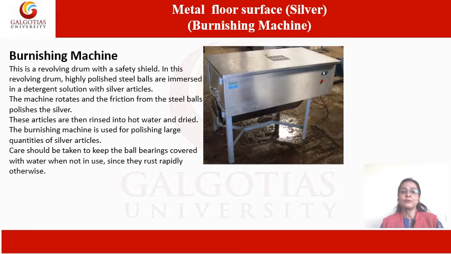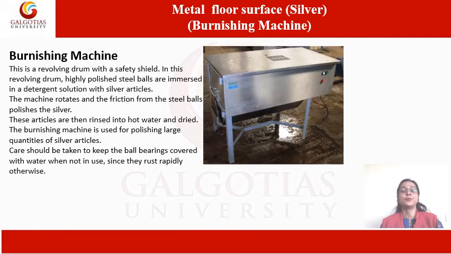Care should always be taken to keep the ball bearings covered with water when not in use, since they rust rapidly otherwise. So here we have a very good opportunity to use this burnishing machine in the hospitality industry, mainly in the kitchen. If there are silver utensils, they can be maintained through this burnishing machine.